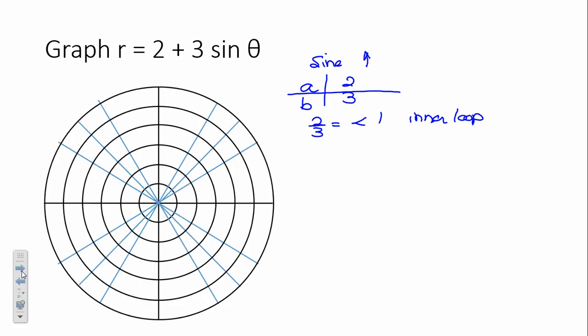We need to figure out how big our stretch is. So our main stretch will be A plus B. From the pole, we know we're going up 1, 2, 3, 4, 5. And A is our width, how wide it's going on our minor axis. So if A is 2, we're going 2 and 2.